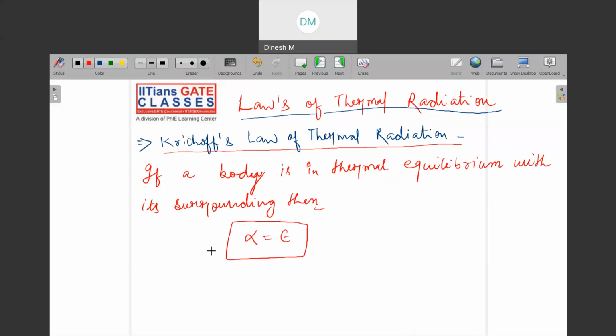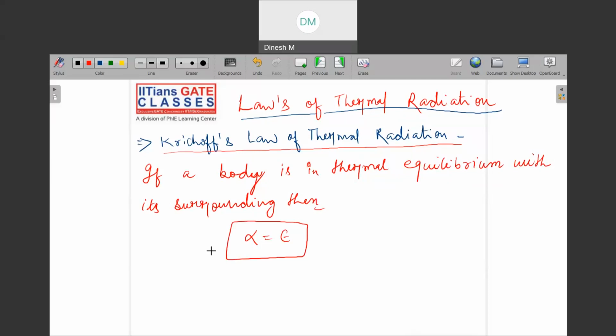What does it mean? That whatever you are absorbing, you are emitting, not reflecting. Reflection is a separate thing. So if I am emitting what I am absorbing, then I am maintaining my thermal equilibrium, right? Let us say I am at 10 degrees Celsius and I am absorbing 100 units of radiation, then these 100 units of radiation have the capacity to change my temperature.